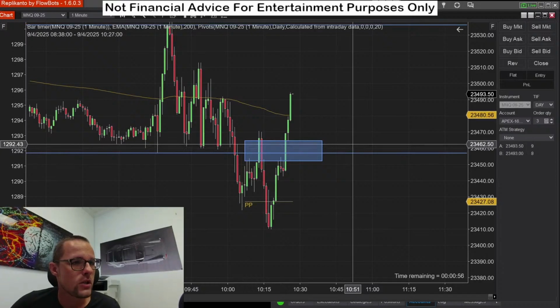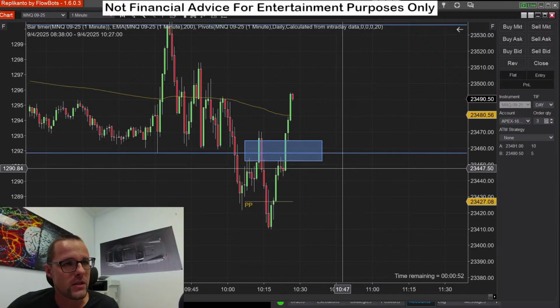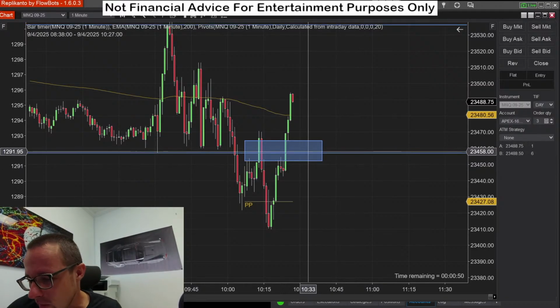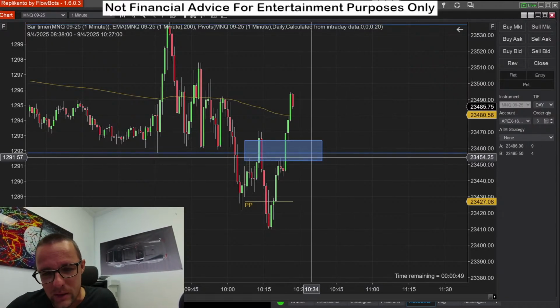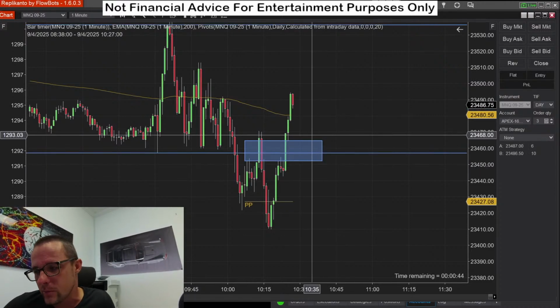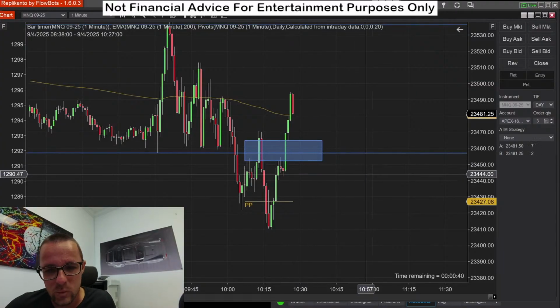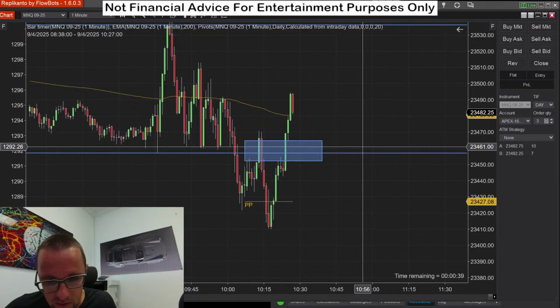So the only thing is, my entry's gonna be right below. That's why I'm sizing down a little bit, not too much, because VWAP is right there. VWAP just worries me. I don't know why.